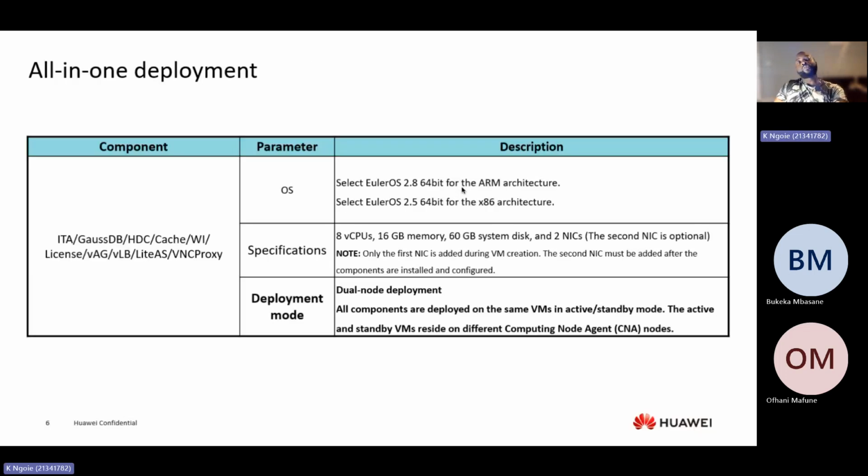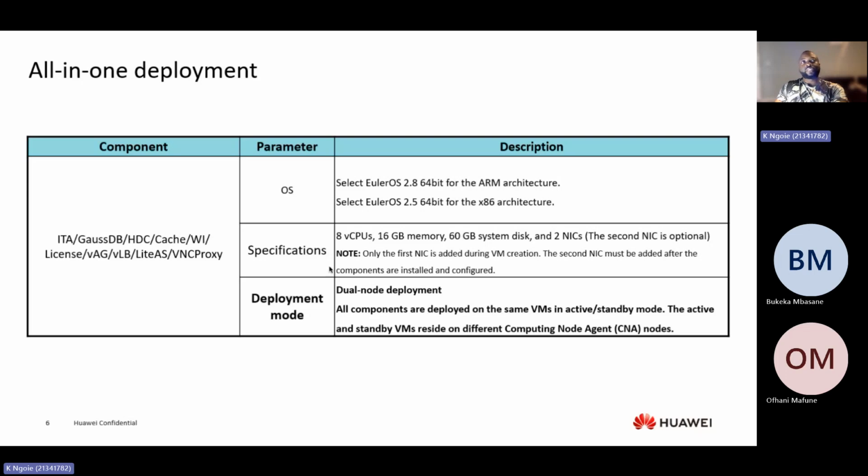Right. So in the all-in-one infrastructure architecture, in terms of operating system, you can have a 2.8 64-bit OS, or you can select the 2.5.